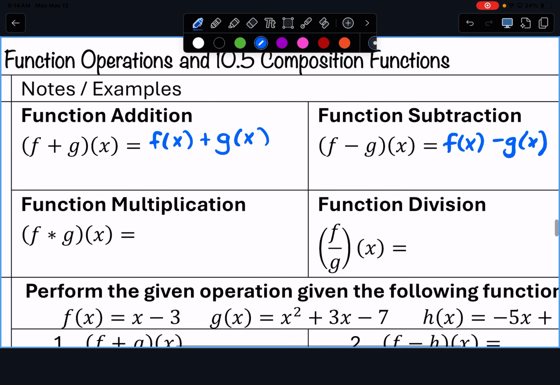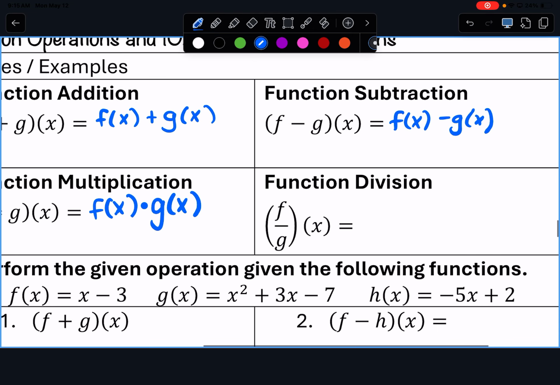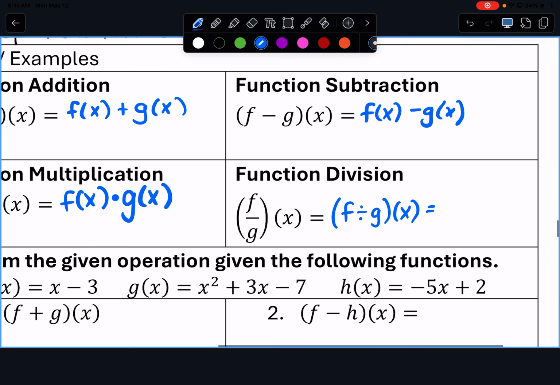If we have f times g of x, we're just going to say f of x times g of x. If we have f divided by g of x, okay, that can also be written as f divided by g of x, which in that case, we're just going to do f of x divided by g of x.